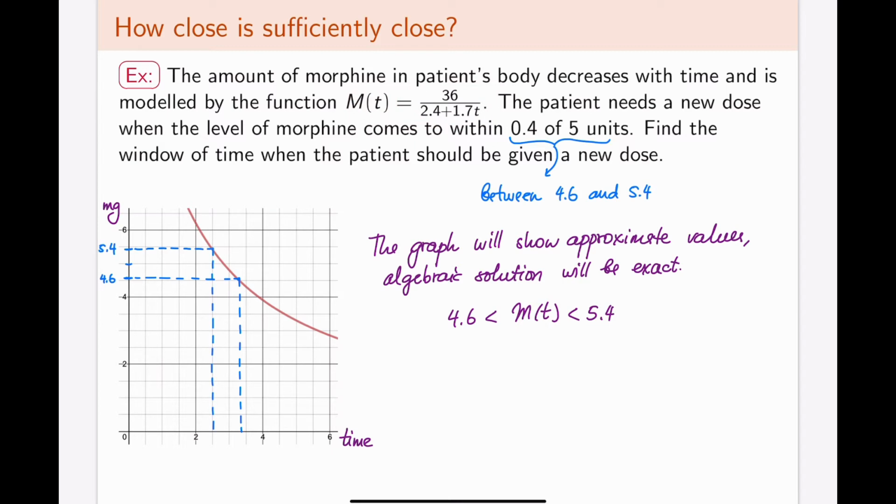So what I actually want is 36 divided by 2.4 plus 1.7t, and I want this fraction to be between 5.4 and 4.6. Now, this is a pretty straightforward inequality now, except for the fact that there's two of them, but you can solve the one on the left first, and then you can solve the one on the right next, and you should get your solution that t is in fact between 2.5 and 3.2.